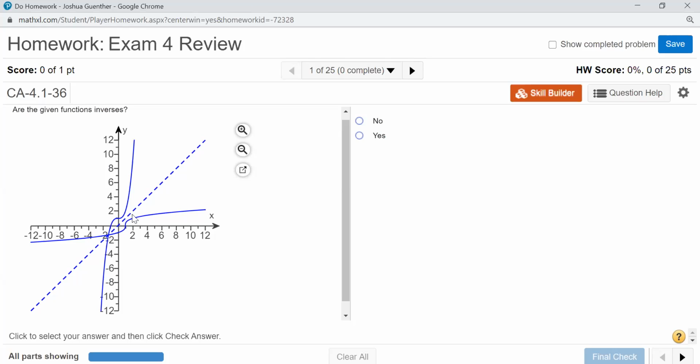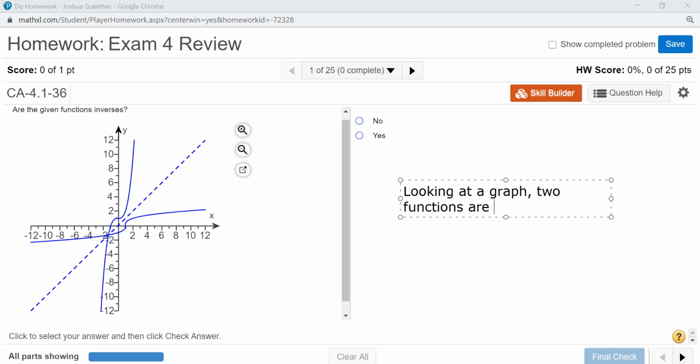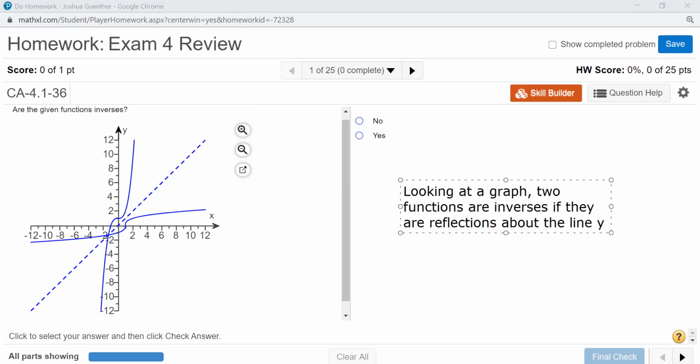Well, they are inverses if they are just reflections about the line y equals x. So looking at a graph, two functions are inverses if they are reflections about the line y equals x, which is this line right here, this dashed line.